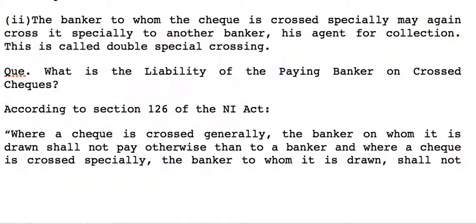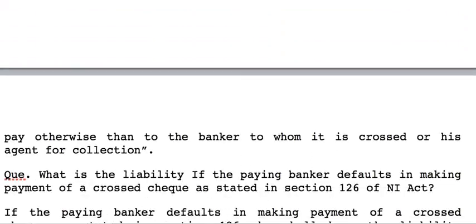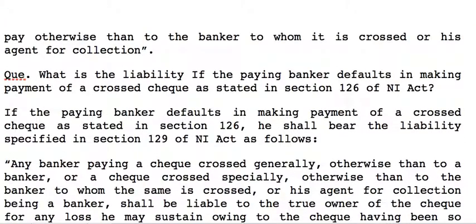First is that if the check is crossed generally, the banker on whom it is drawn shall not pay otherwise than to a banker, and where a check is crossed specially, the banker on whom it is drawn shall not pay otherwise than to the banker to whom it is crossed or his agent for collection.